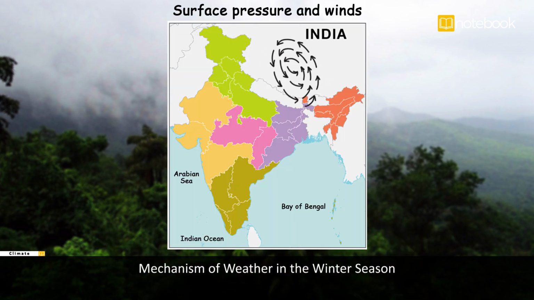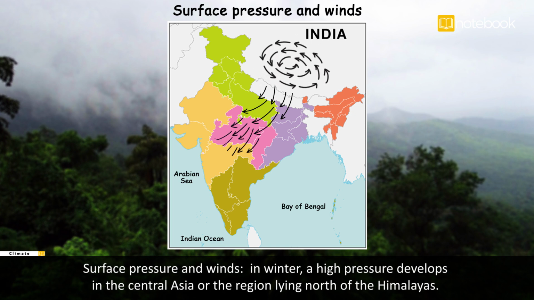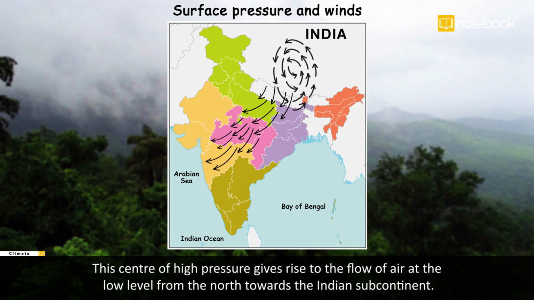Mechanism of weather in the winter season. Surface pressure and winds. In winter, a high pressure develops in Central Asia or the region lying north of the Himalayas. This center of high pressure gives rise to the flow of air at the low level from the north towards the Indian subcontinent.